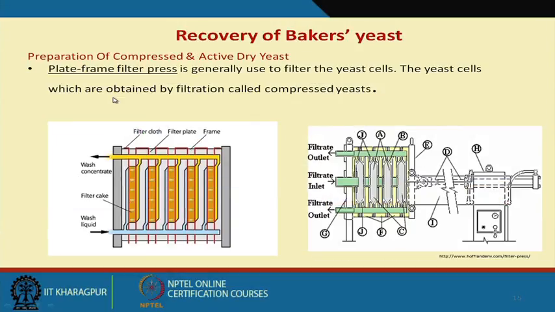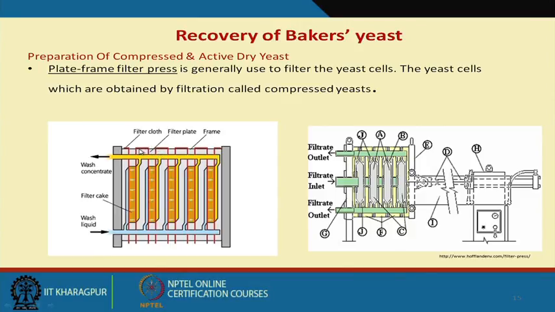to separate the yeast cells, but that is not in practice in the baker's industry. In the lab we do it by centrifugation, but in the baker's industry we use the plate and frame filter press. Here I can explain: this is the cloth.